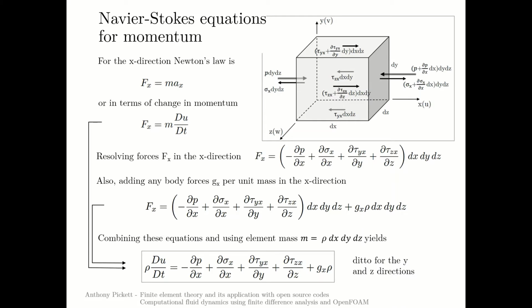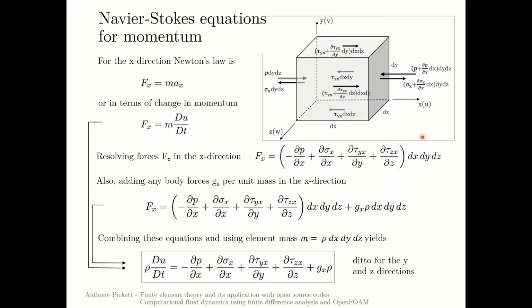If we look at a control volume, this control volume here, it has dimensions dx, dy, and dz. And what I'm defining here is in this non-conservation system. So first of all, in the non-conservation system, it's moving with the flow.